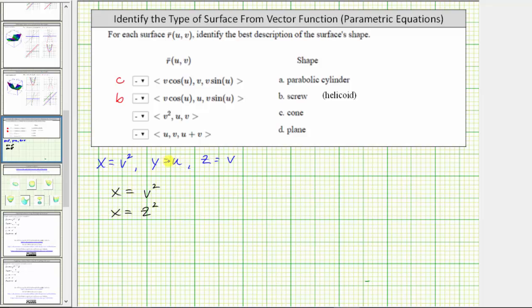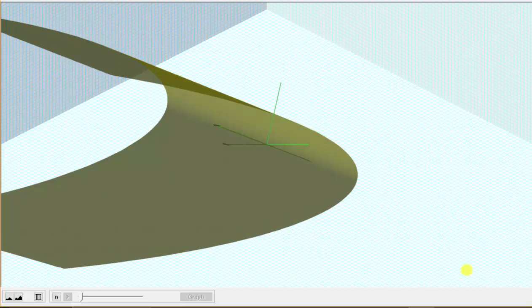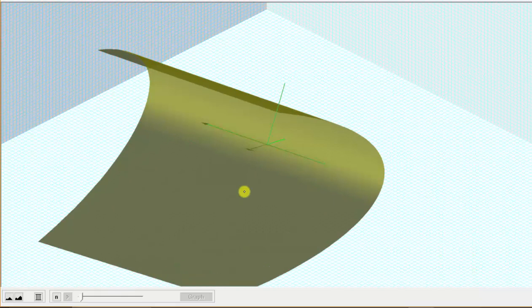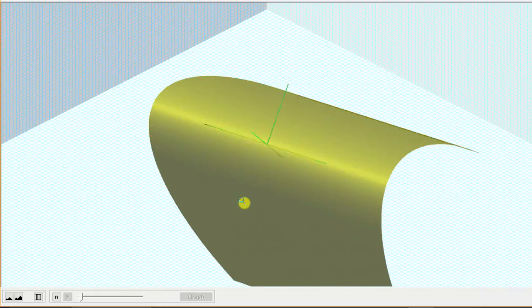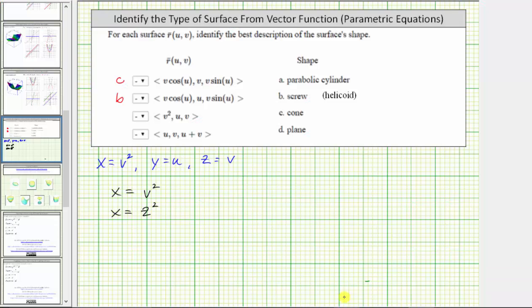Notice how we did not have to use the equation y equals u, which means y could be any real number given by u in the vector function r of u comma v shown here. So this is the equation in Cartesian coordinates, which we should recognize as a cylinder. If we look at the graph, here it is, we have a parabolic cylinder. Which is A.